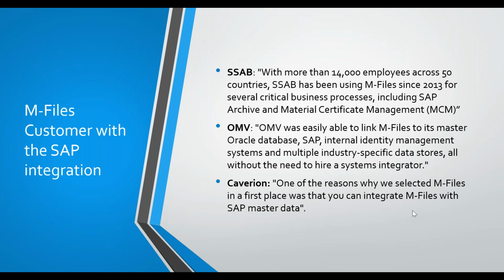So this system, M-Files, has been adopted by thousands of employees across multiple countries for OMV. And another reason why they chose M-Files, aside from the easy integration, is easy document management, easy user adaptability, and at the end of the day, compliance.